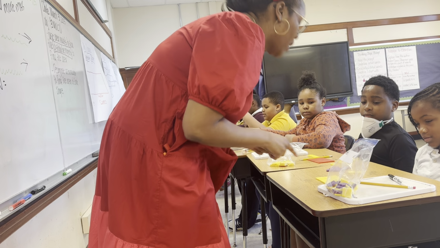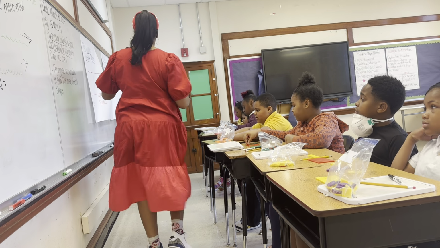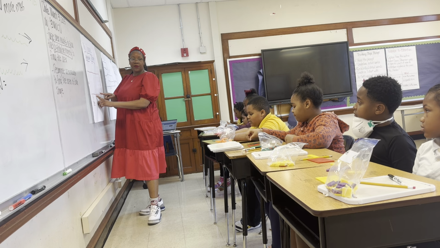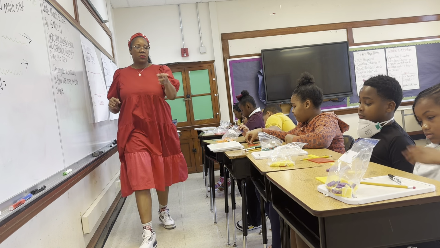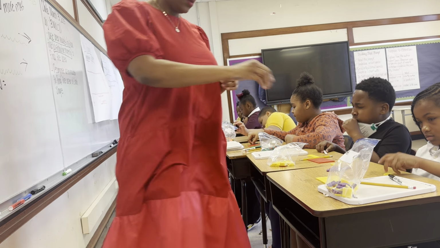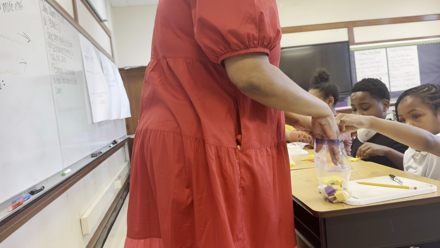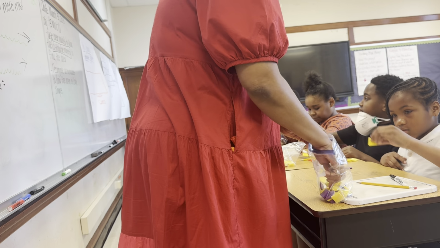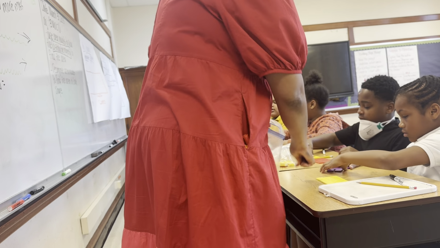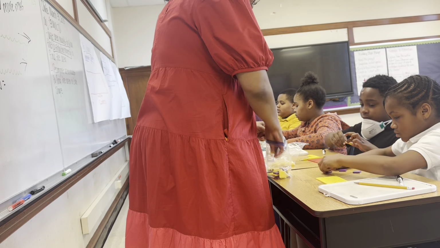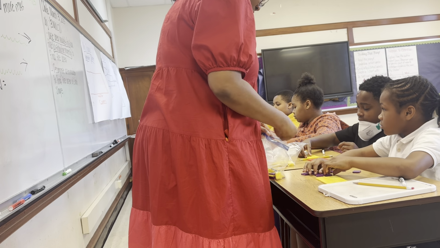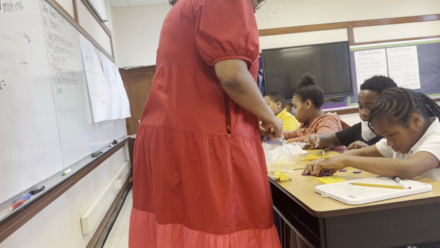All right, so now I want you to think about your corn. Your corn is 4 feet. So with your purple, I need you to add the corn on there. Add the corn.